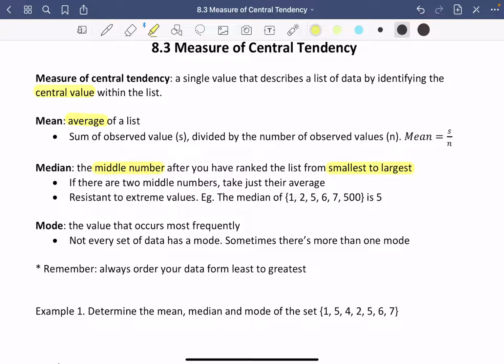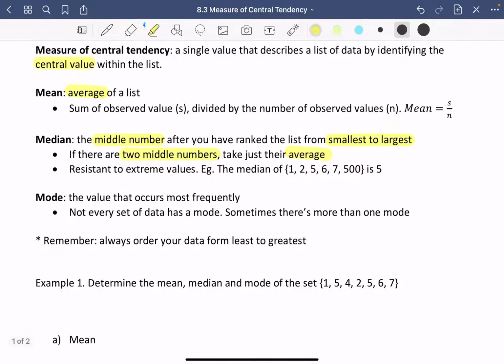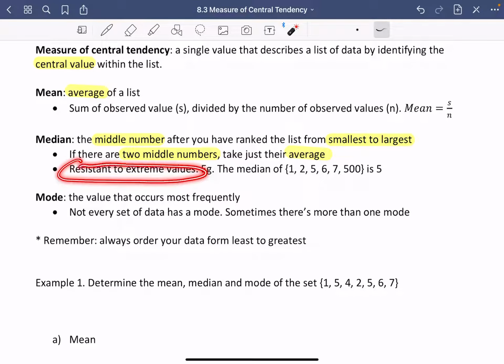If there are two middle numbers, then you take the average, or the mean, of the two middle numbers. And keep in mind that median is resistant to extreme values.